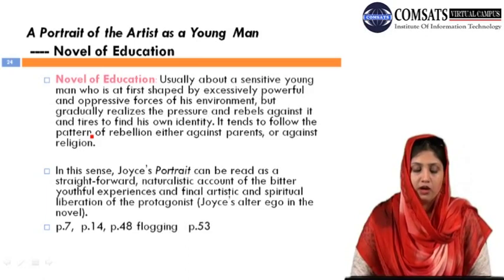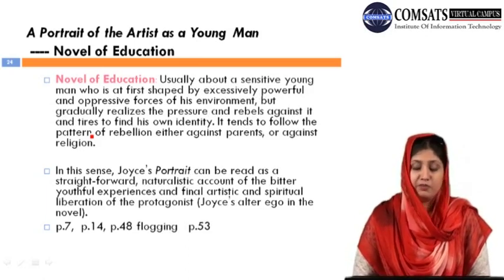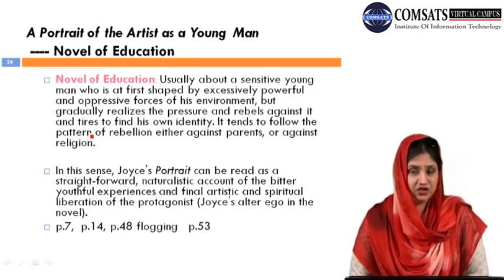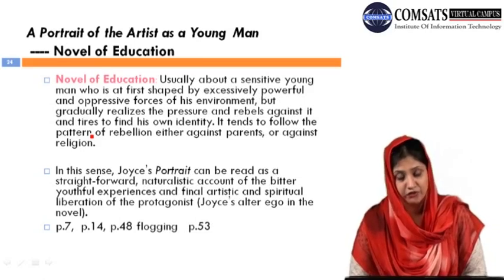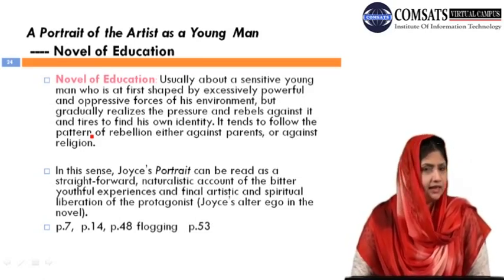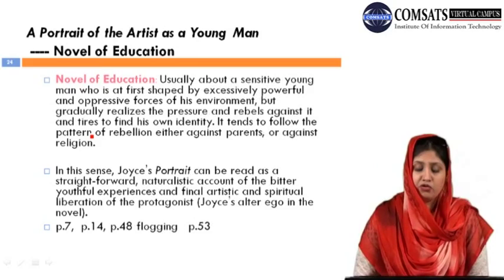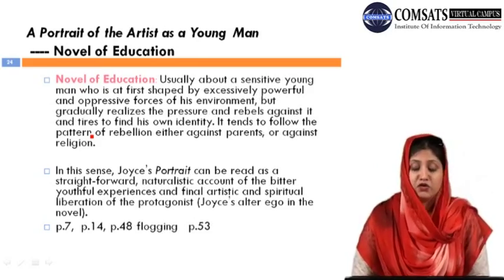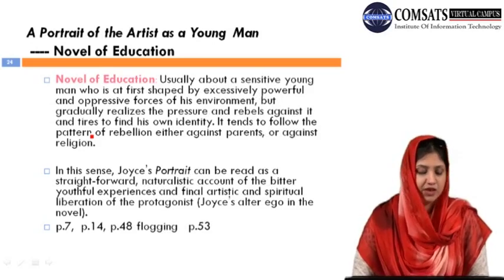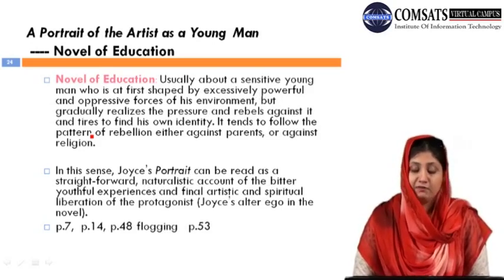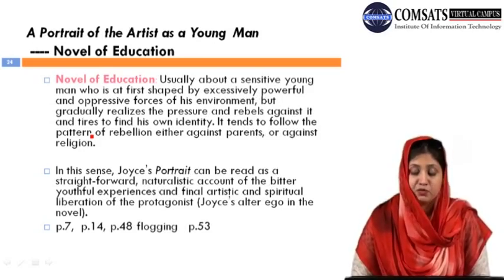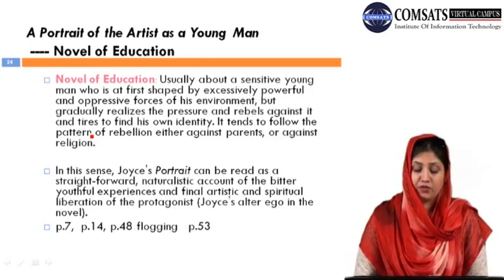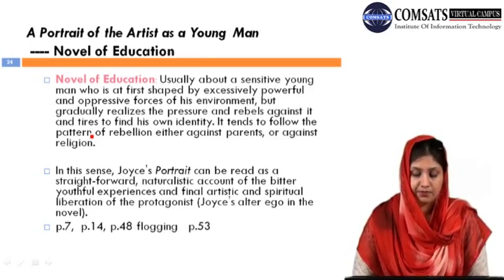It tends to follow the pattern of rebellion either against parents or against religion. In this sense, Joyce's Portrait can be read as a straightforward, naturalistic account of the bitter youthful experiences and final artistic and spiritual liberation of the protagonist.